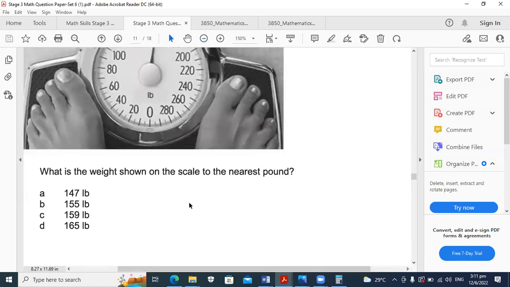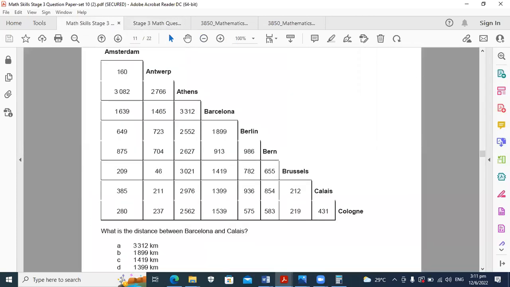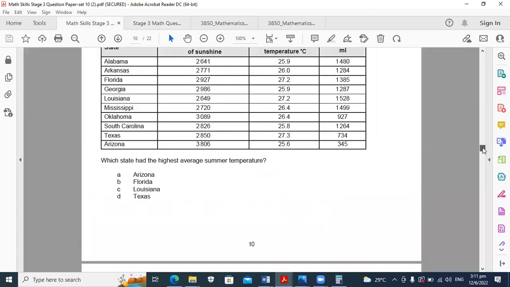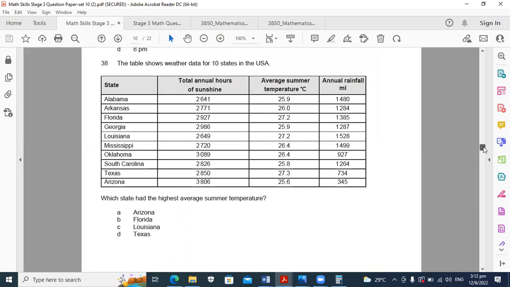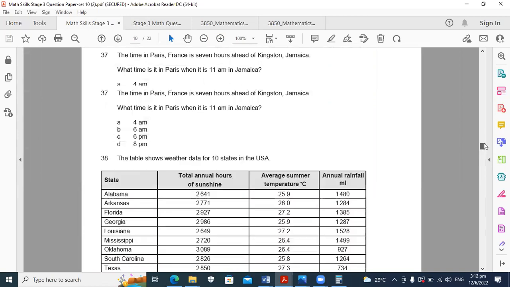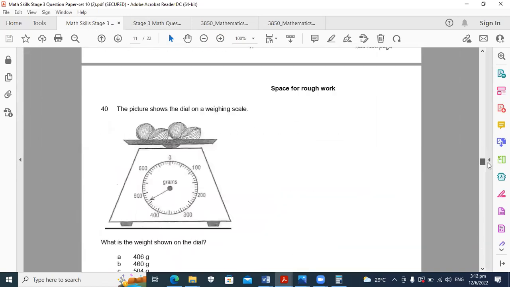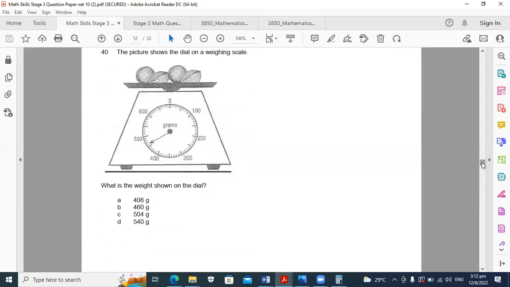So it's 155 pounds. All right. See if we can do this one.